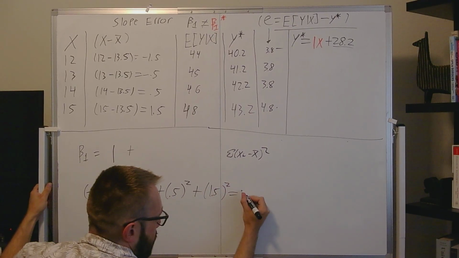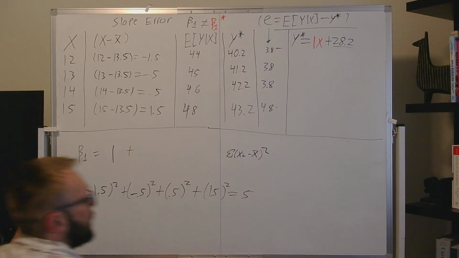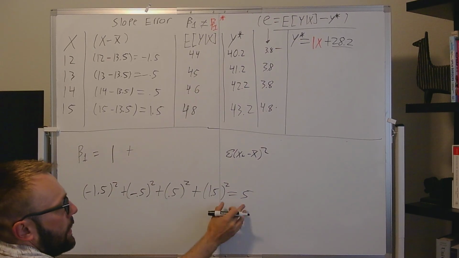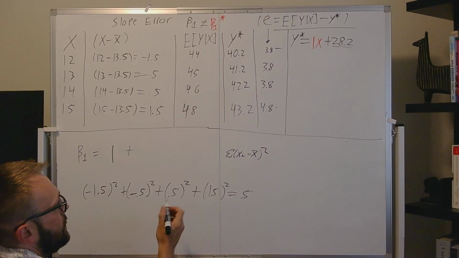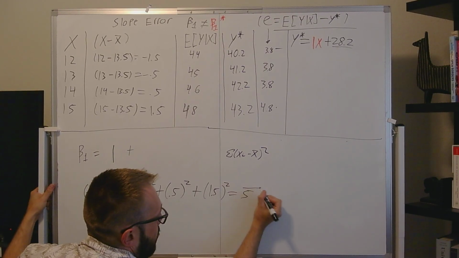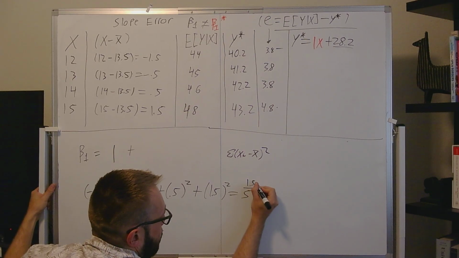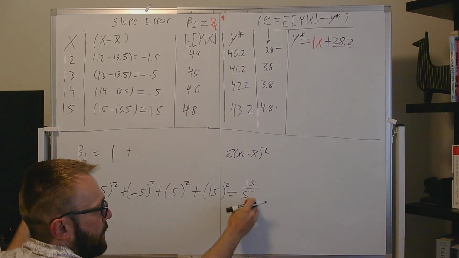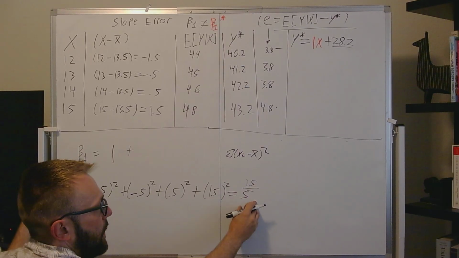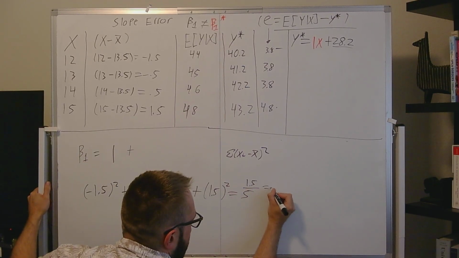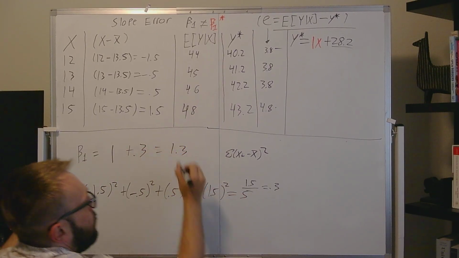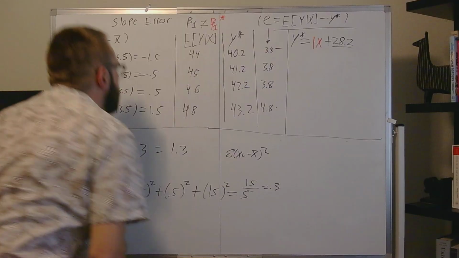You could check it on your own time with your calculator. They will sum up to 5. So we're going to end up with 1.5, that was the covariance of x and its error term, over the variance of x, which is 5. So it's 1.5 over 5. That gives us 0.3. We insert that here. We end up with 1.3, back where we want it to be.